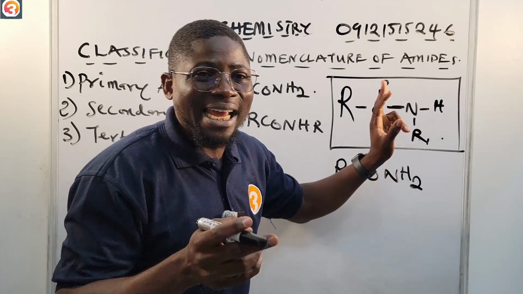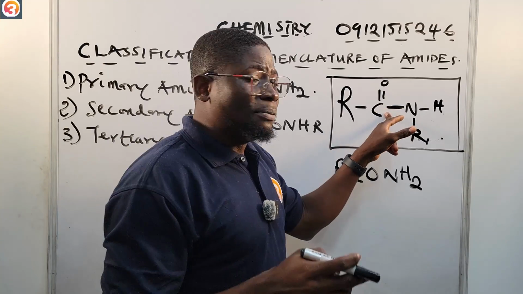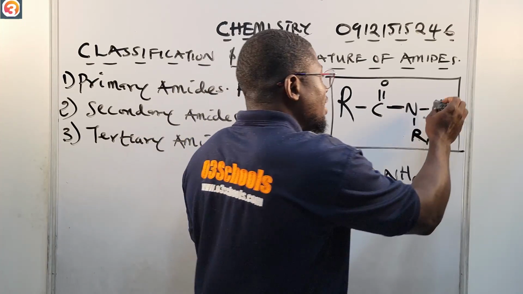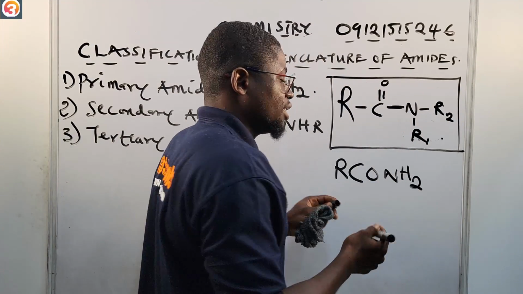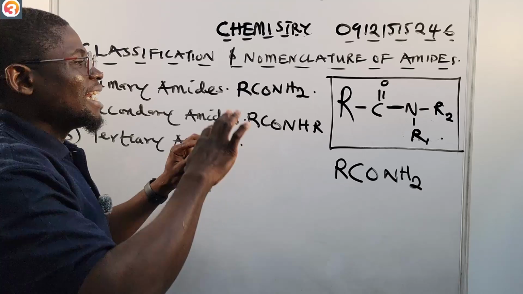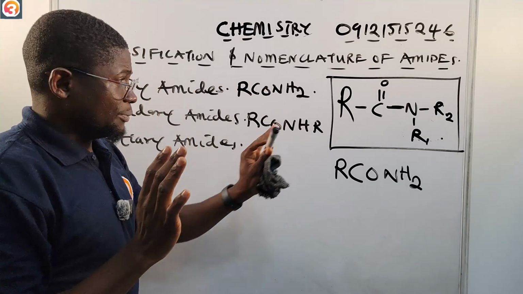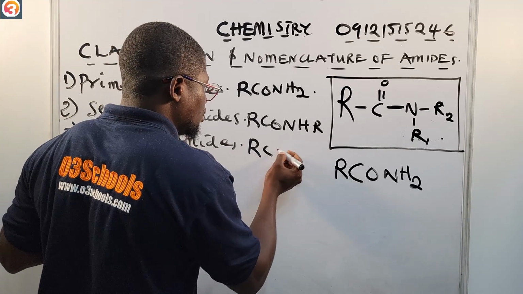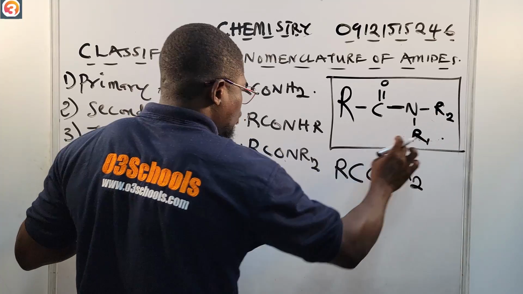So now, our tertiary amide is one where the nitrogen is bonded to two R groups. So there's nothing like H when it comes to our tertiary amides. The nitrogen atom is directly bonded to two R groups. So instead of H here now, I'm going to have R2, to differentiate it from this R. So the general format that we use in representing tertiary amides will be RCONR2, for the case where the R1 and R2 are the same.